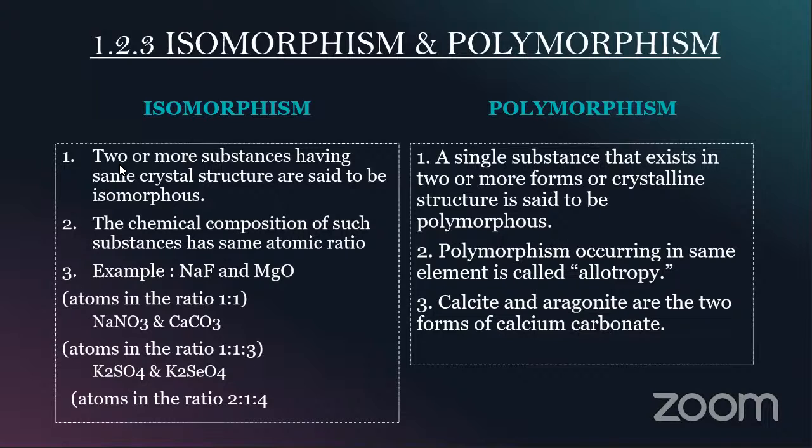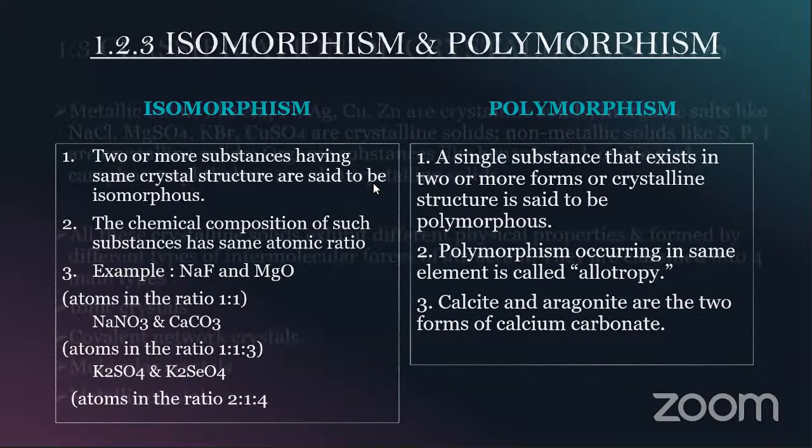And what is isomorphous? When two or more different substances have the same crystal structure, they are said to be isomorphous. One substance having different structures is polymorphism. Yes, different crystals that are allotropes.